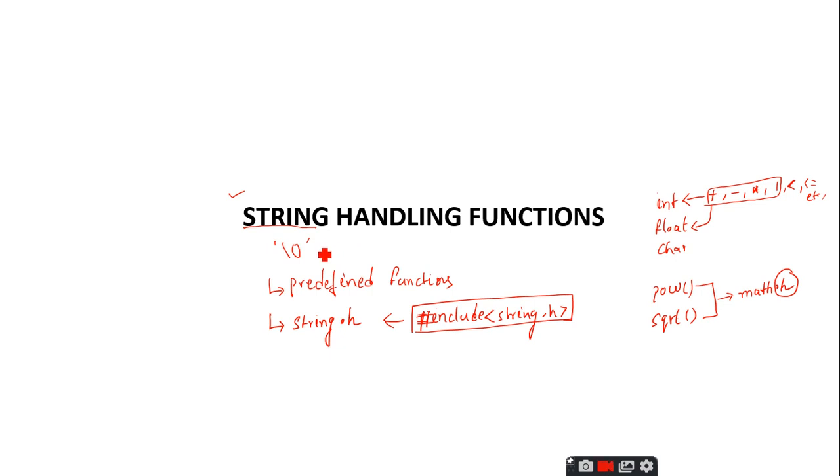We have seen what a string is, and we discussed why these string handling functions are there. Remember that arithmetic operations will not work on strings. So, to deal with different string functionalities, the developers have given the string handling functions, which are predefined functions defined inside string.h. So, you must include the #include string.h preprocessor directive in your C program while you deal with the strings.